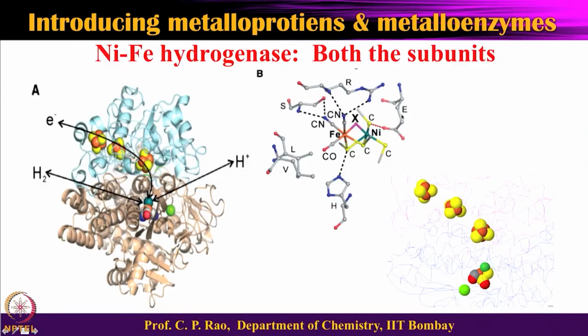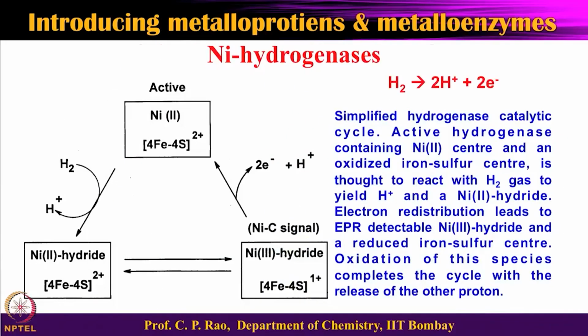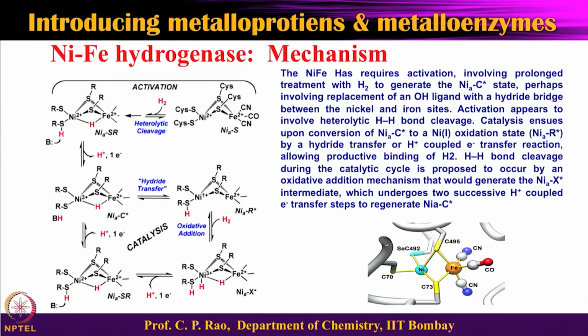There are neighboring species of the nickel, such as aspartic, glutamic, arginine, cysteine, leucine, valine and histidine. So many residues are nearby, and these are all important. That is very essential to look at. That is the one which triggers the reaction by pulling out the proton and then goes to the next cycle.